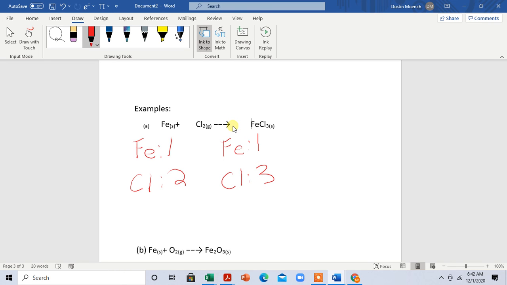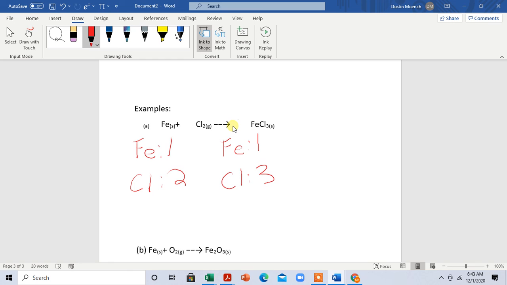There's no whole number that I can multiply by 2 to get 3. So let's think about whether there's a number I could put here so that the number of chlorines here is a multiple of 2.